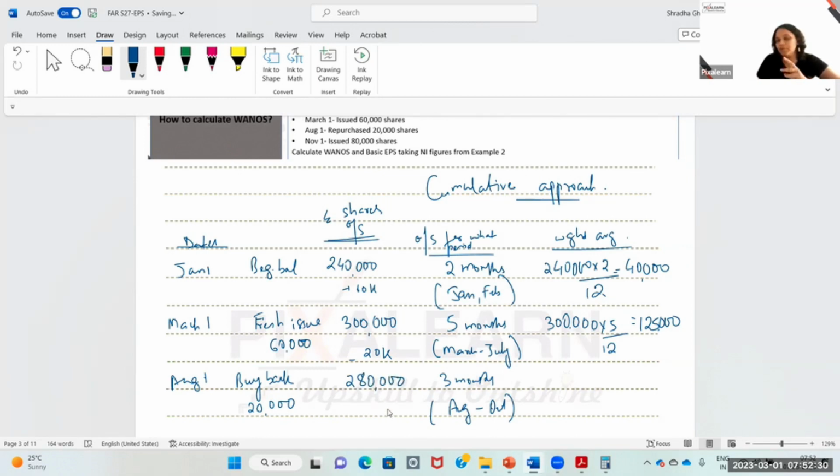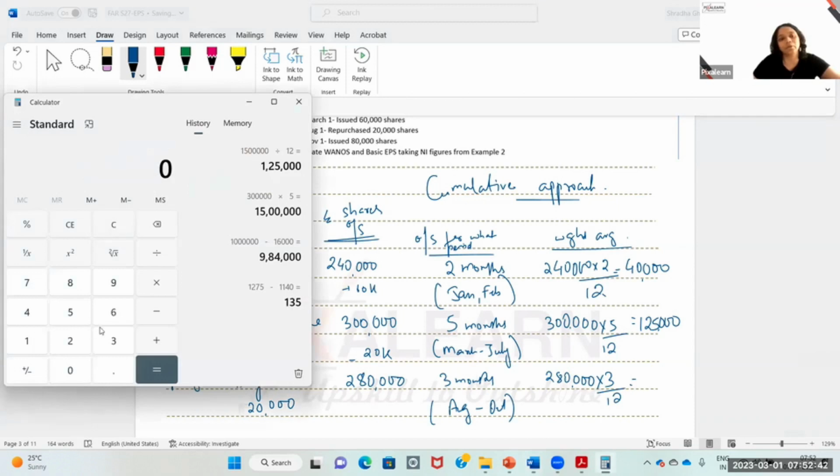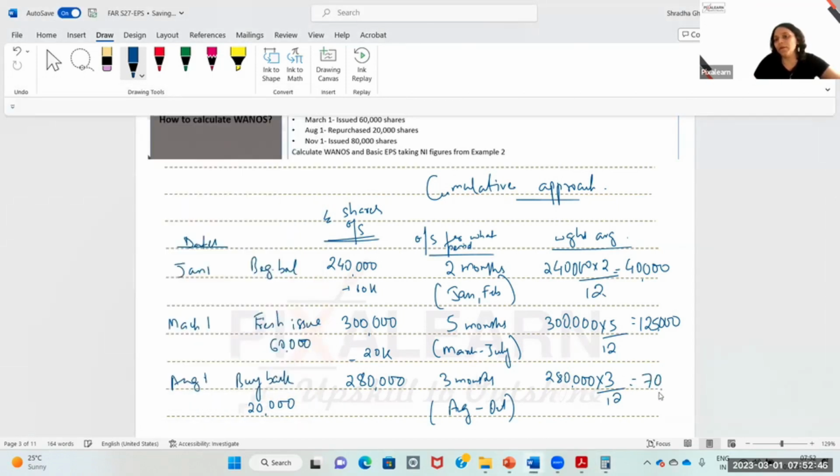This was outstanding for 3 months, August, September, and October. So we have 280,000 shares outstanding for 3 months of the year, which is 70,000 shares.